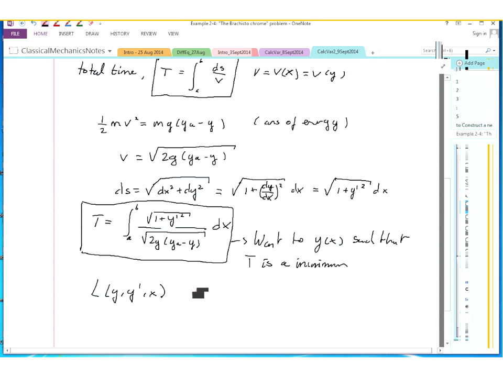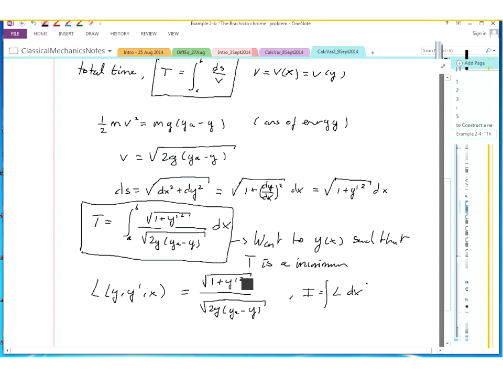And so this function L of y, y prime, and x is the square root of 1 plus y prime squared divided by 2g times ya minus y. And then we want to minimize this integral that's given by L dx.